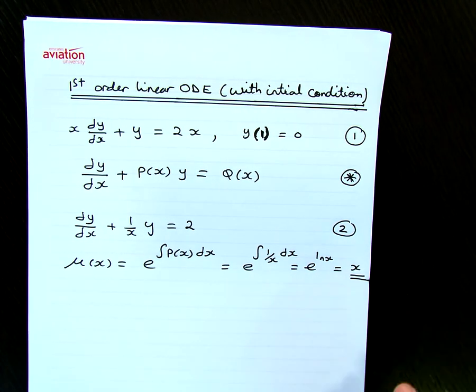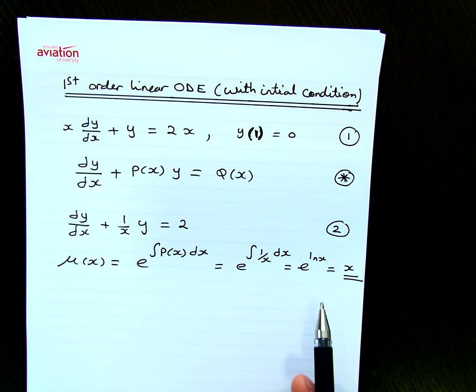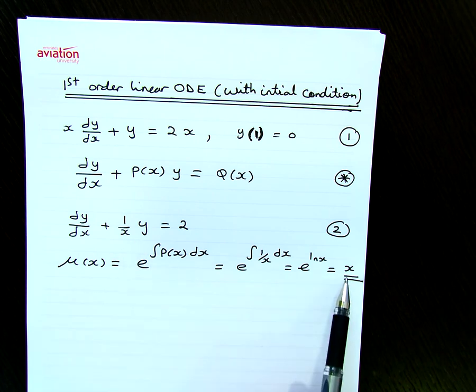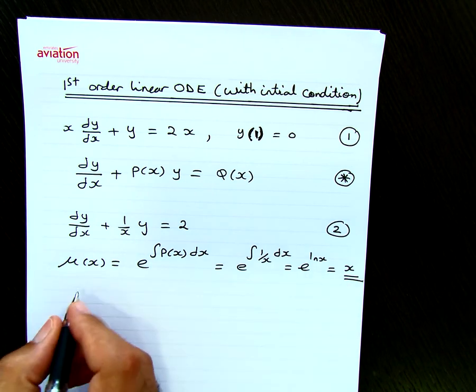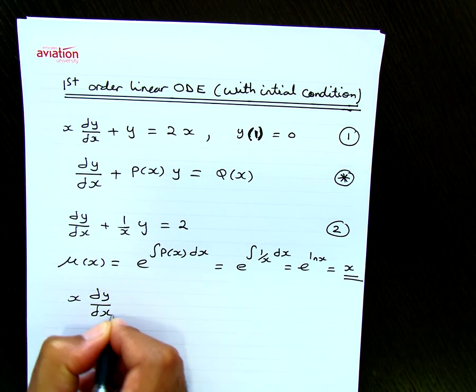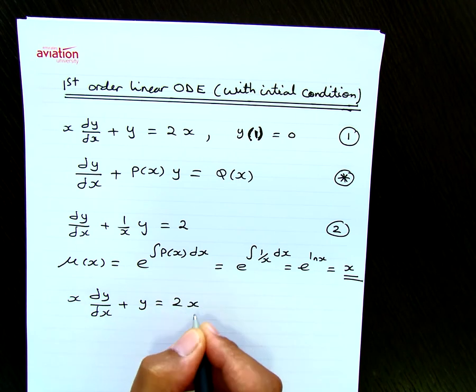So our integrating factor is just equal to x. We now multiply equation 2 by our integrating factor x. That gives me x dy by dx plus y equal to 2x.